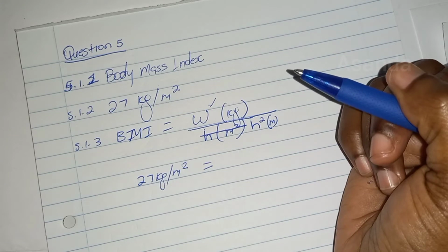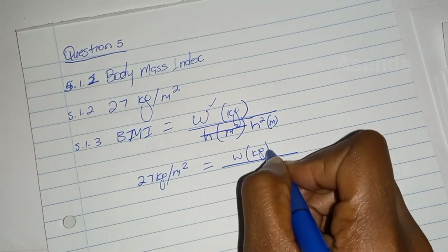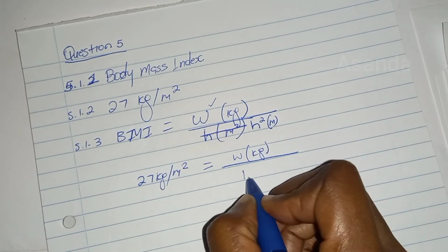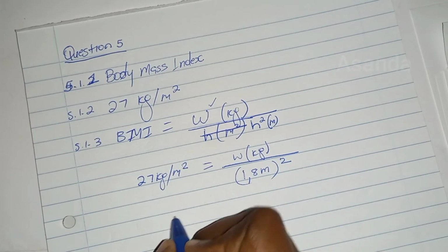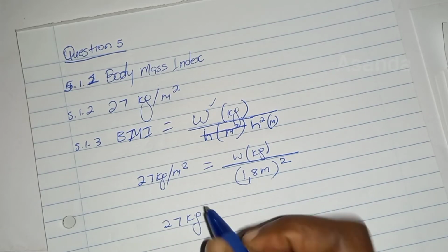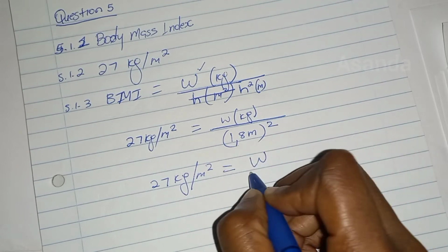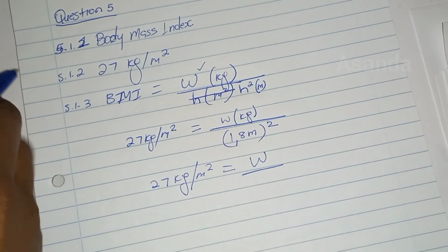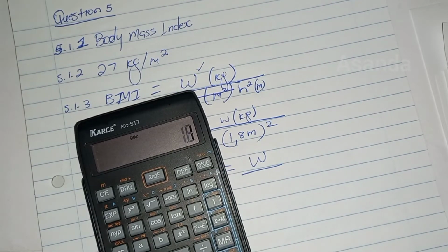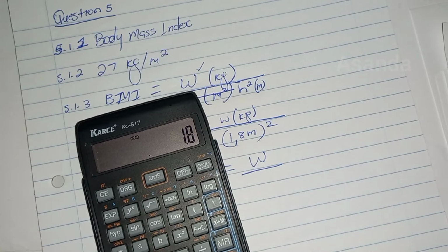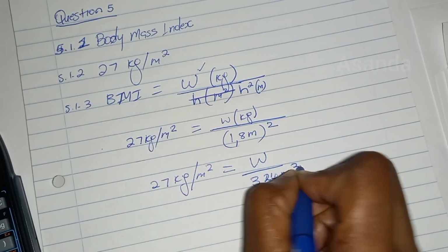So we divide the weight, in kilograms, by the height of the kid, which is 1.8 meters, squared. So 27 kilograms per meter squared is equal to the weight divided by 1.8 squared. 1.8 times 1.8 is 3.24 meters squared, right?